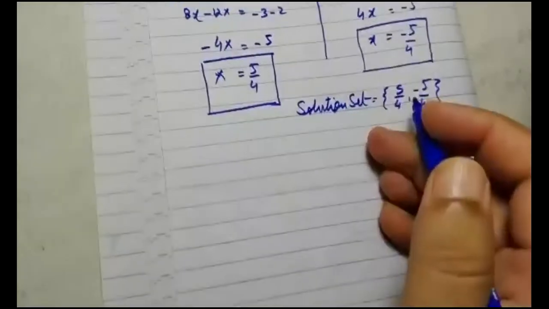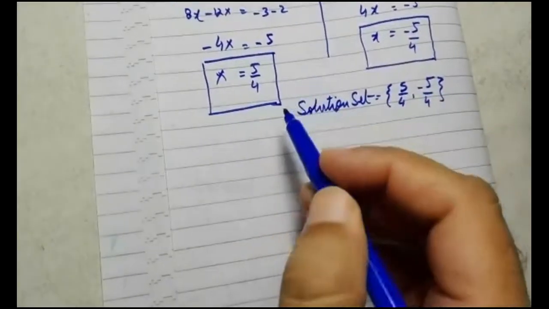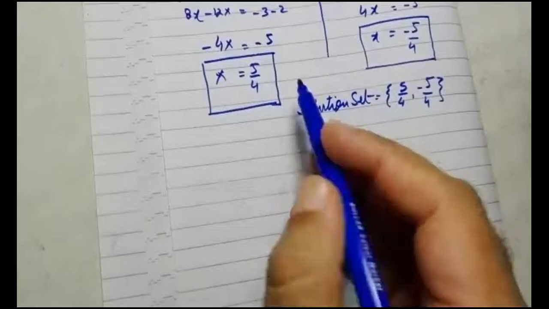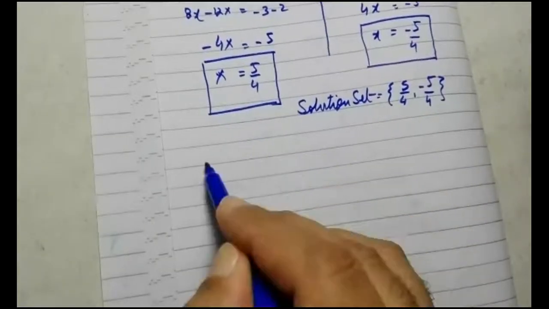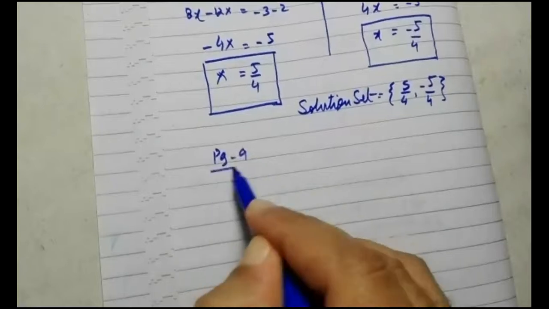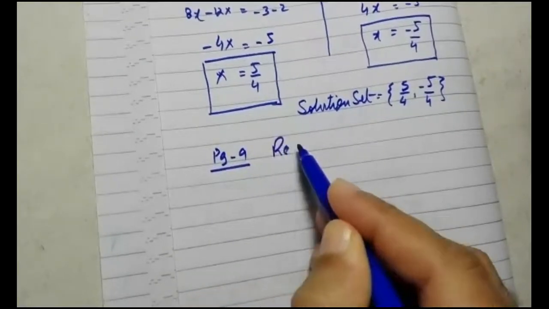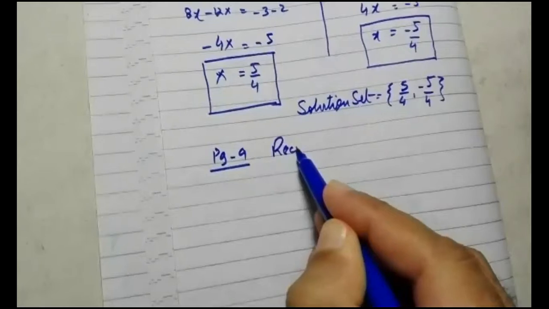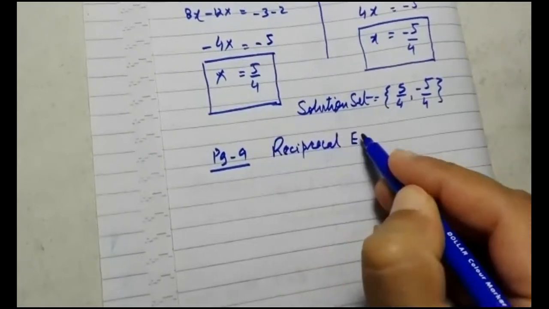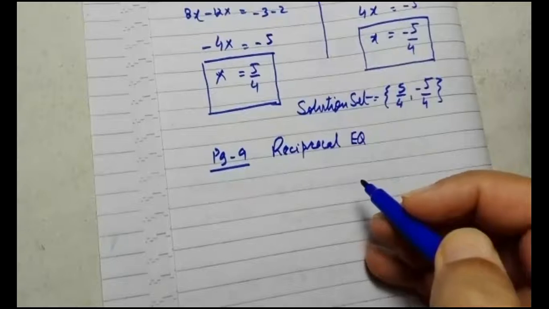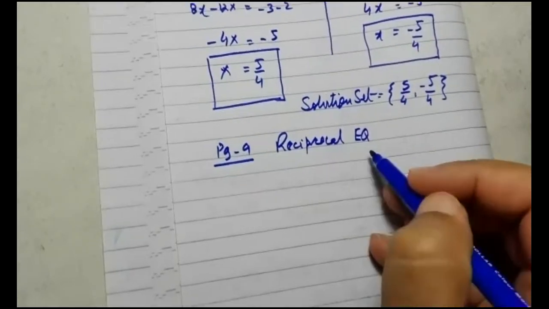So I am writing here: page number 9. This is the important definition, called the reciprocal equation. This is different from the previous questions we have just done, right?